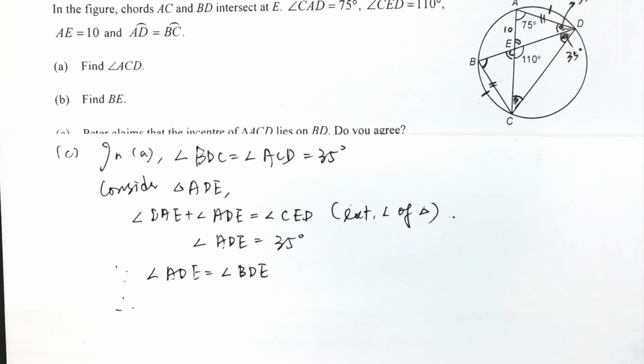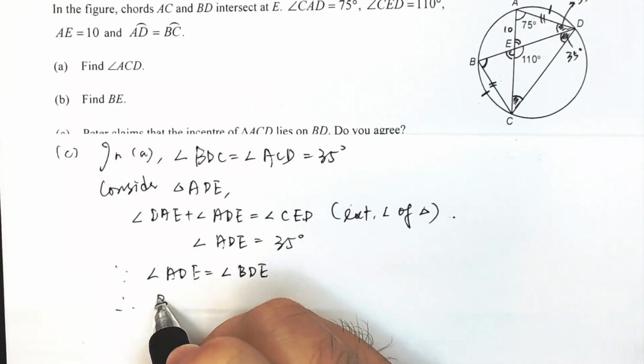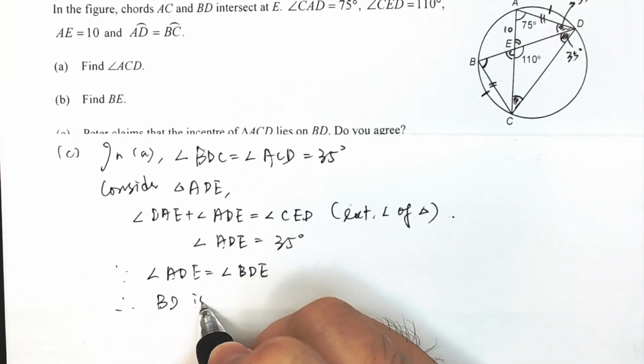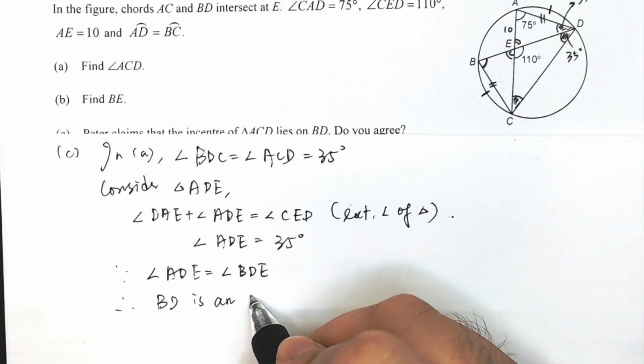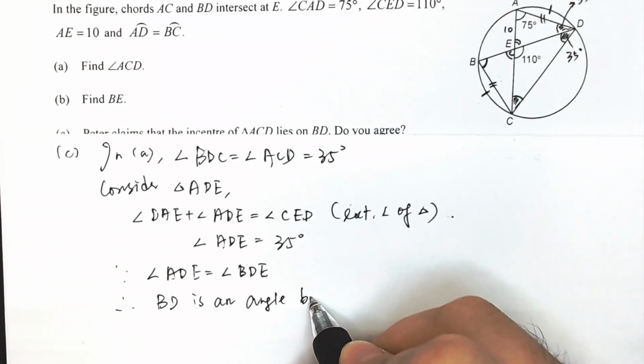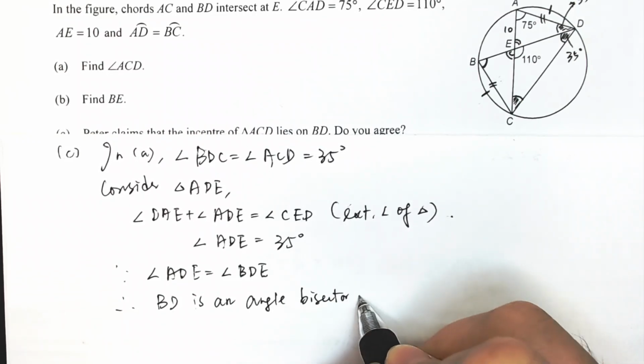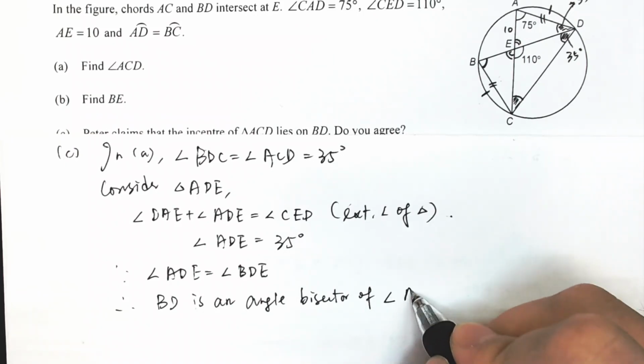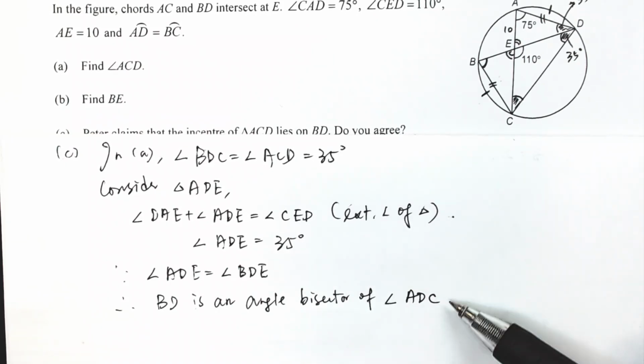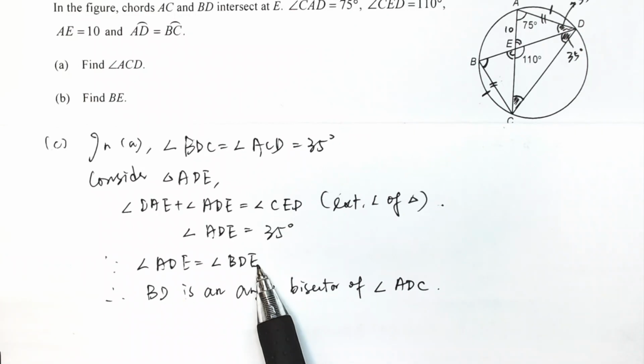And since angle ADE is equal to angle BDC, then we have two things. One, BD is an angle bisector of angle ADC. Okay, this is the immediate result from the fact that angle ADE is equal to angle BDC.